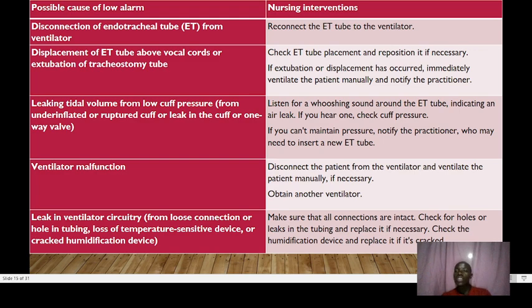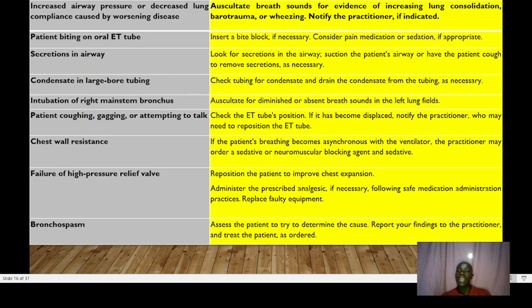What about the causes of high alarm? Okay, high alarm could be caused by increased air pressure or decreased lung compliance caused by worsening disease. So you as a nurse you have to auscultate the breath sounds for evidence of increasing lung consolidation, barotrauma or wheezing, and you notify the physician.